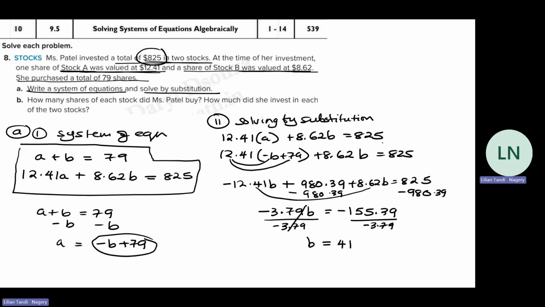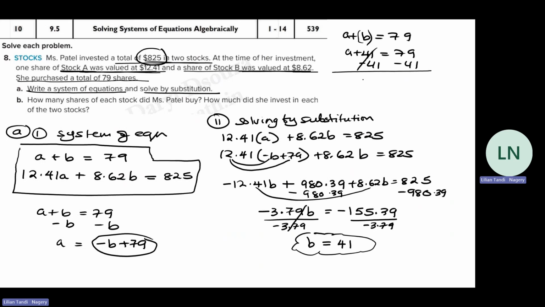Okay. Now we know that A plus B equals 79. You know B. So A plus 41 equals 79. And then you subtract 41 on both sides. Make sure you bubble this because you know you're going to use it.